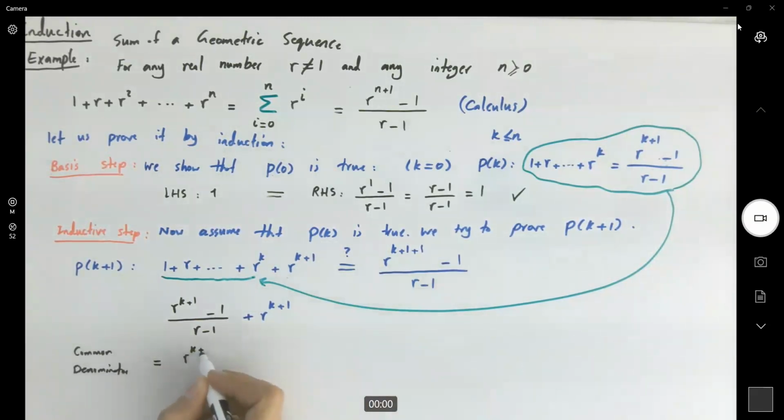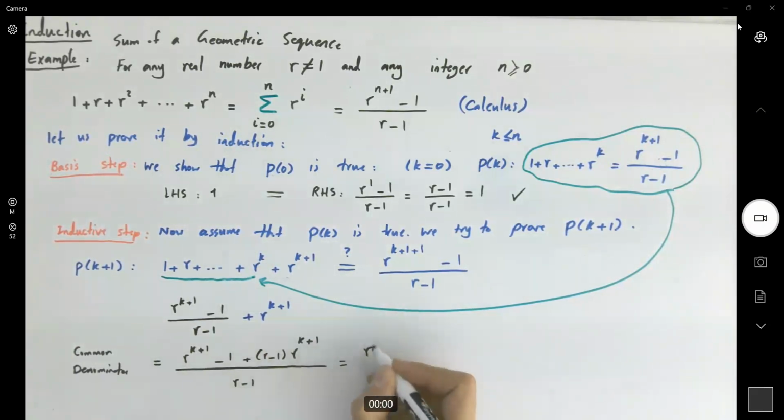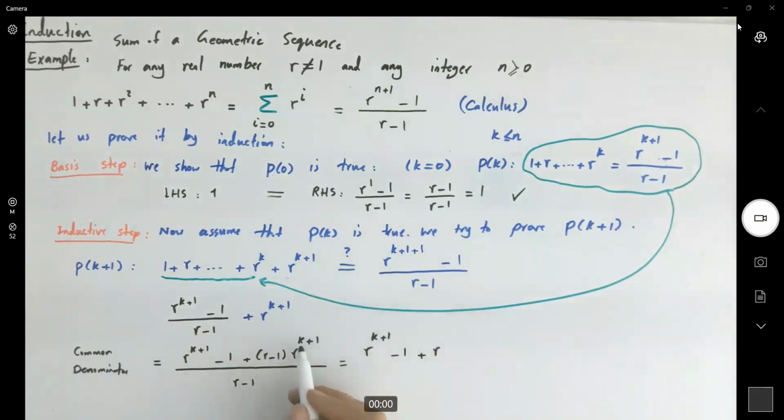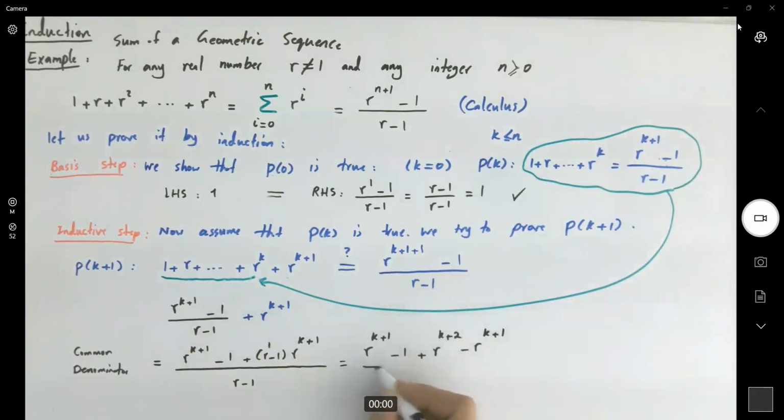So you have r to power k plus 1 minus 1 divided by r minus 1 plus r minus 1 times r to power k plus 1. Distribute this into the parentheses. You're going to get r to power k plus 1 minus 1 plus r to power k plus 2 minus r to power k plus 1, divided by r minus 1.